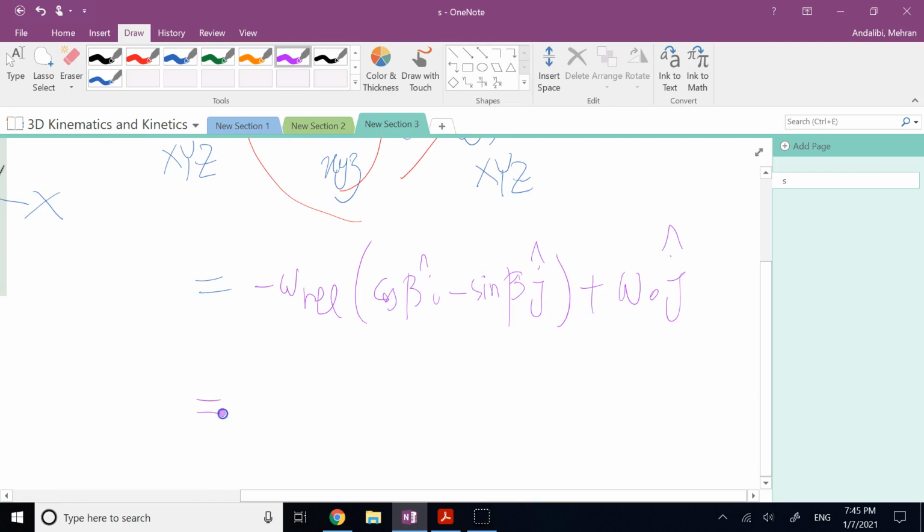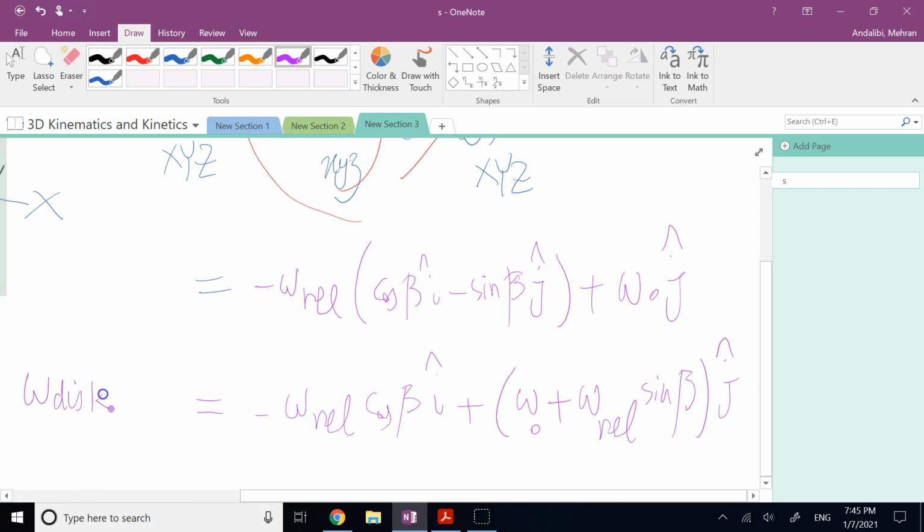And if you simplify it, it is going to be negative omega relative cosine beta i, and then plus omega naught plus omega relative sine beta, the whole thing times j. Okay, so this is the omega of the disk as measured with respect to the capital XYZ.